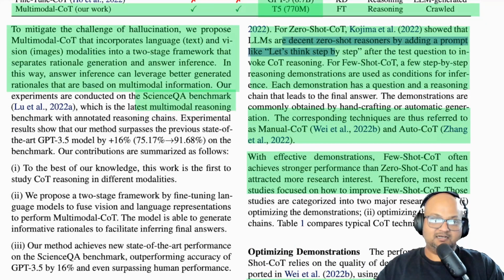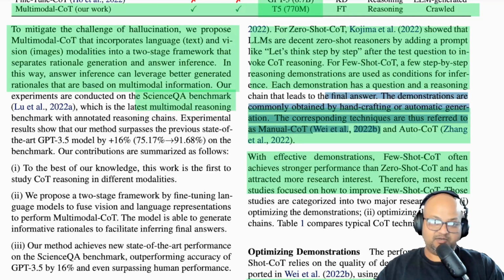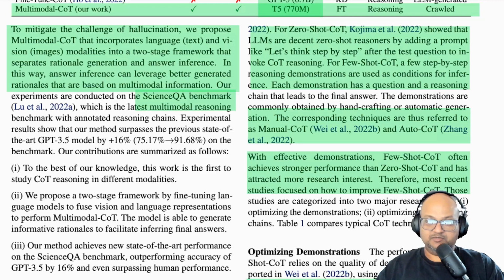It sounds like a pretty simple thing, but you essentially add this phrase, let's think step by step, to the prompt. And this makes the LLM enumerate the steps that one would take to solve the given problem. And this kind of chain of thought prompting has now become very popular because it gives much better performance on tasks than plain non-chain of thought prompting.